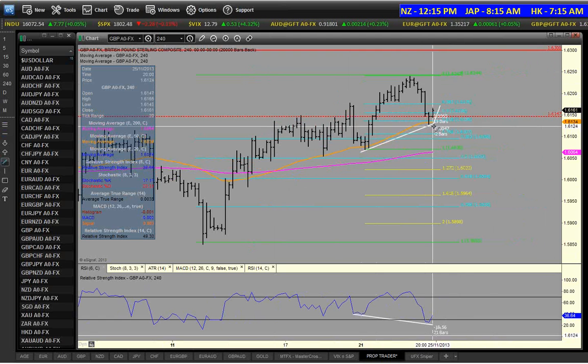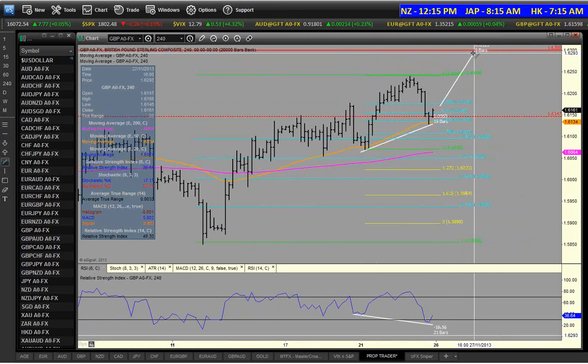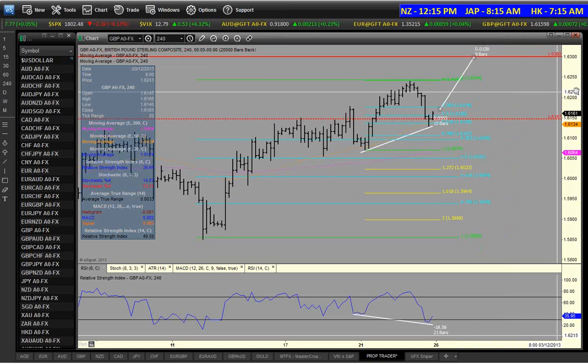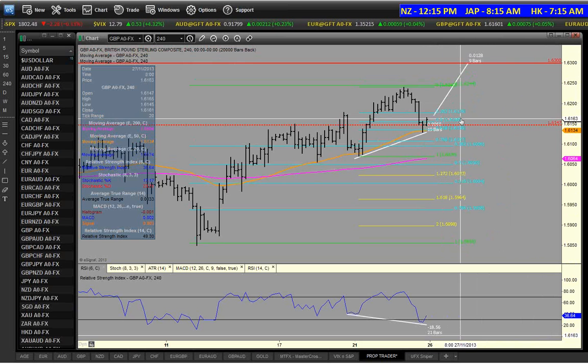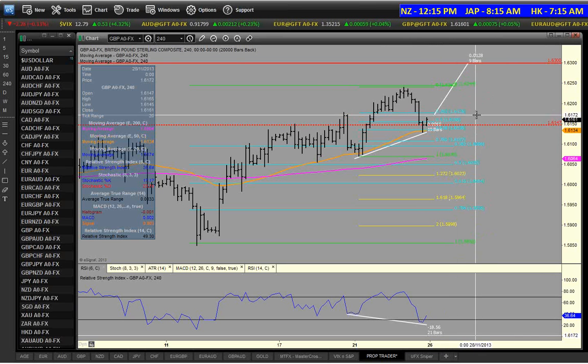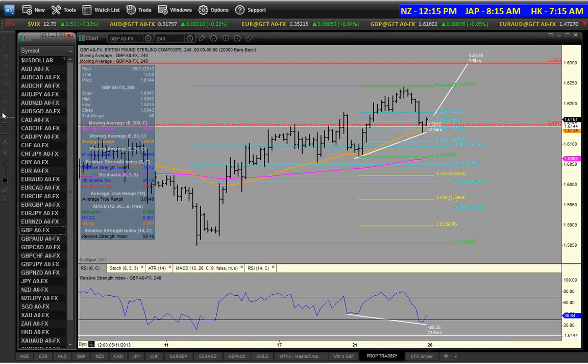So you're looking at 50 pips, and that's 120 pips away. At least it's 1 to 2. Might be worth having a look for those of you who can do that.